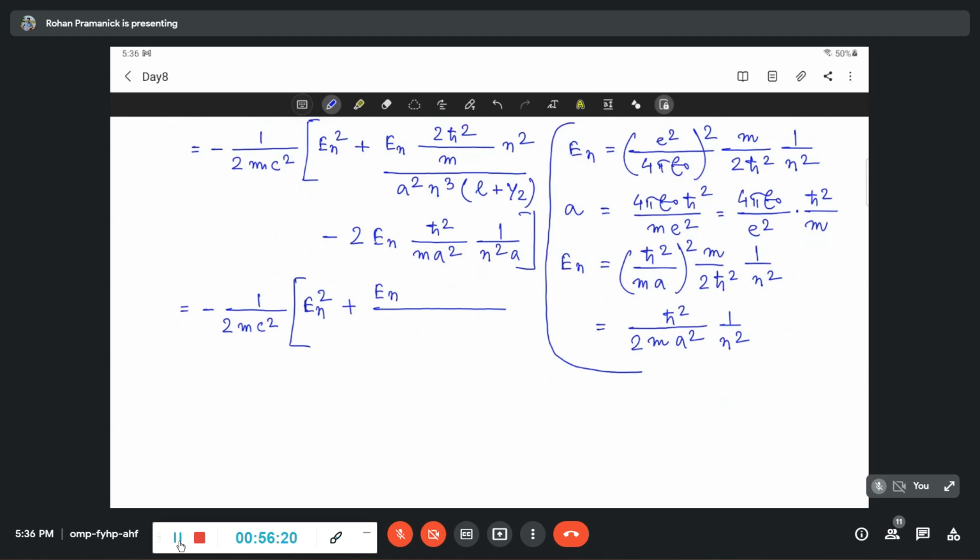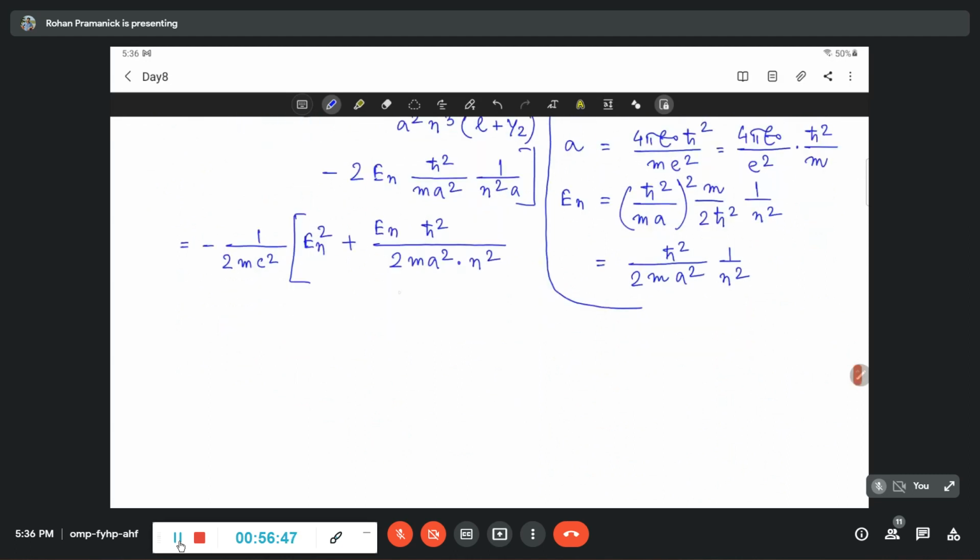So then I put 2. So this is h cut squared by 2m squared, right? So this is h cut squared by 2m squared, and there is an n squared, and everything else I will put it as constant times.